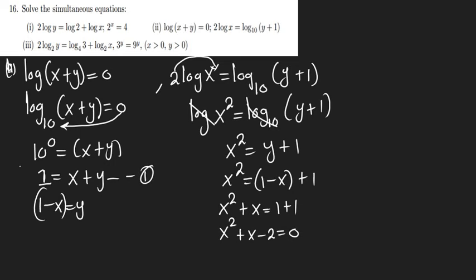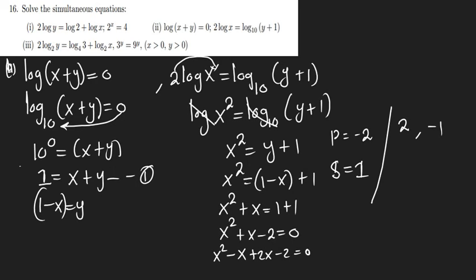Let me see if I can find the solutions. The product is -2. The sum is 1. What are the factors? Two numbers, which if I multiply give -2 and add to give +1: it's going to be 2 and -1. So this can also be written as x to the power 2 minus x plus 2x minus 2 equal to 0.